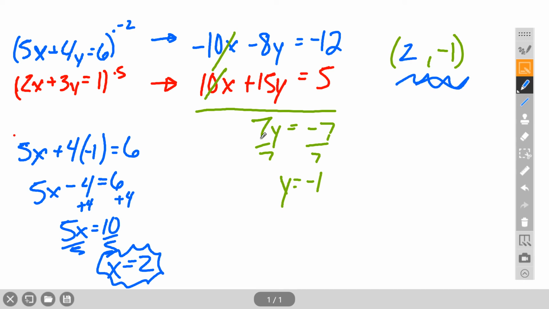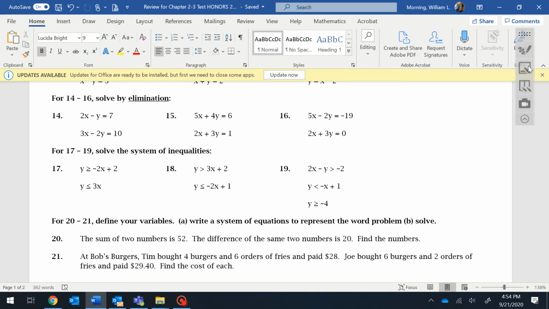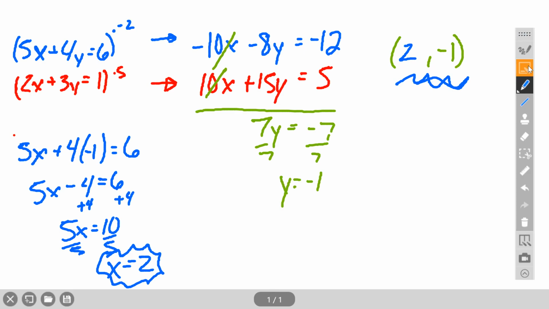So my solution where these two cross is 2, negative 1. And you can check that 5 times 2, so we got 10 minus 4 is 6, correct. 4 minus 3 is 1, also correct. And this was 15, I think. Yes, 15. So it's problem number 15.